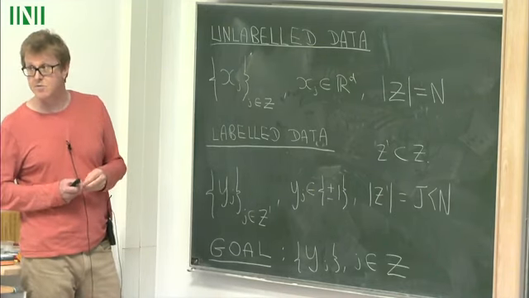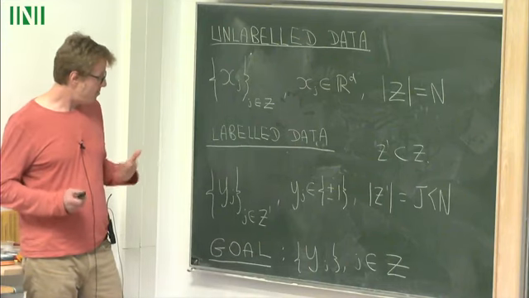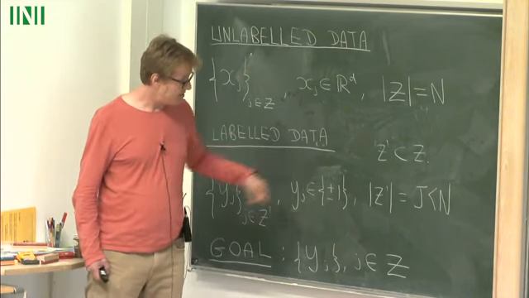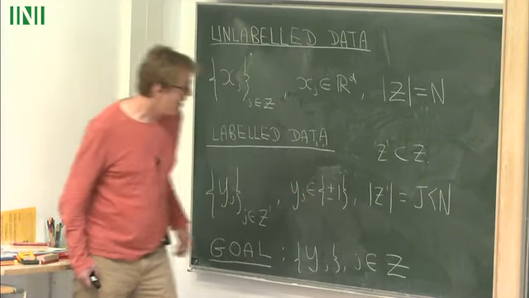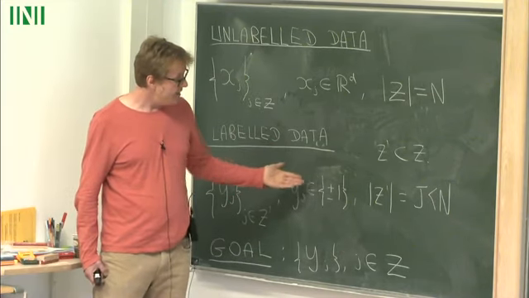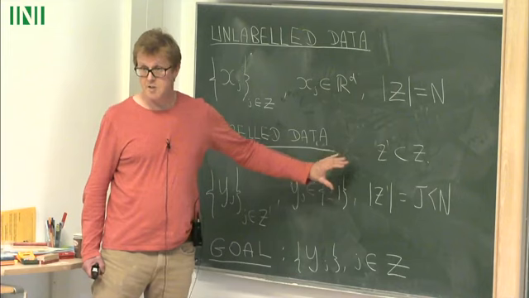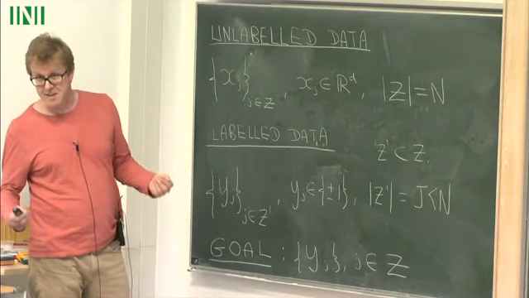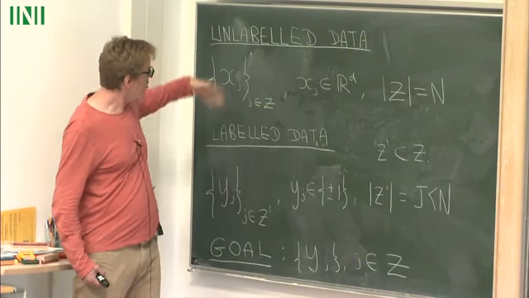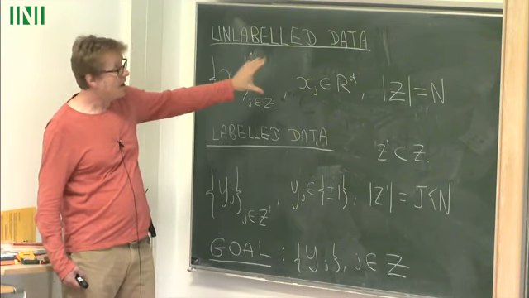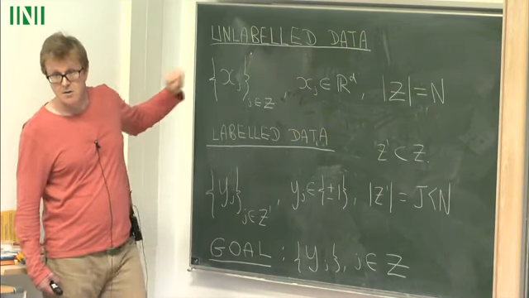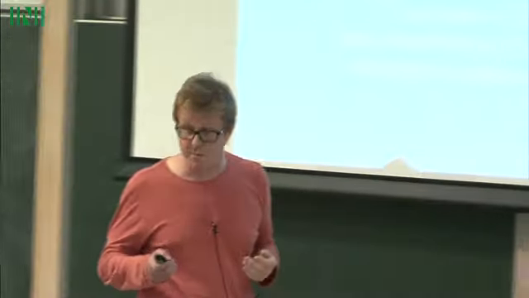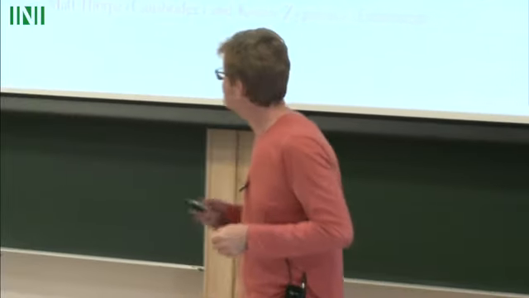I view that as an inverse problem. The inverse problem is to recover the function y, which is in the class of labels, on the entire graph, given limited information about it on a subset of the graph. But lurking behind this is the additional information that on the entire graph we have this unlabeled data. So that's the mathematical problem, and it's prototypical of many classification problems in machine learning.